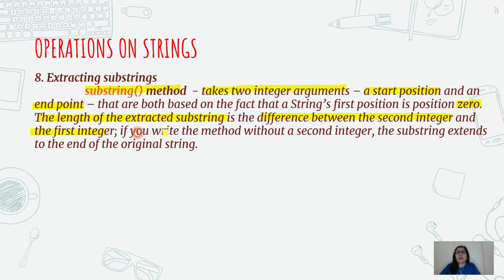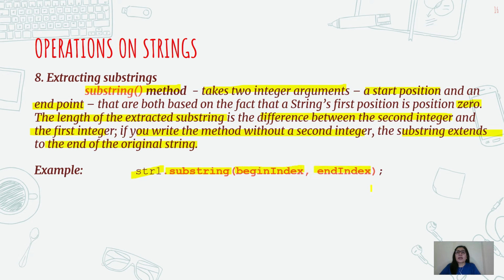If you write the method without a second integer, the substring extends to the end of the original string. So we have here an example, str, yung value or yung variable na nag-hold ng string value, that substring, and yung parameter niya is the begin index, comma, the end index.